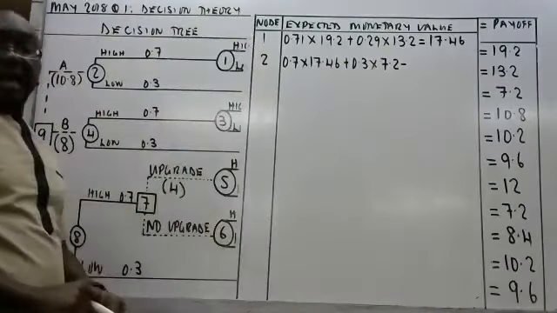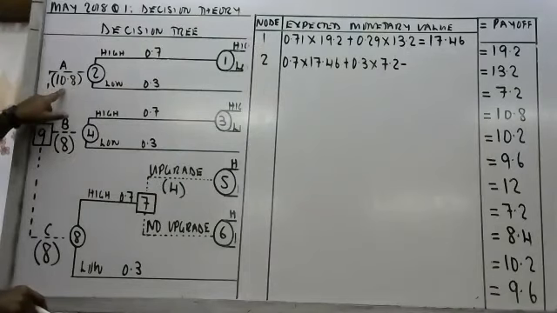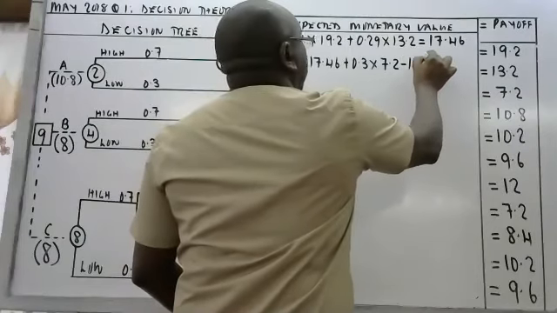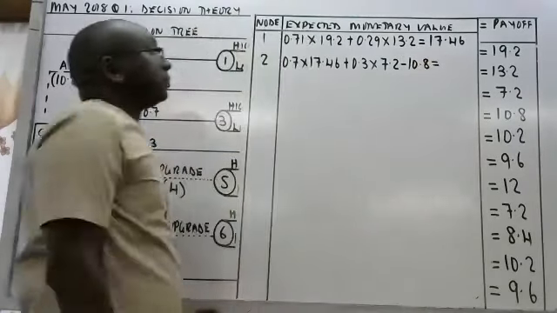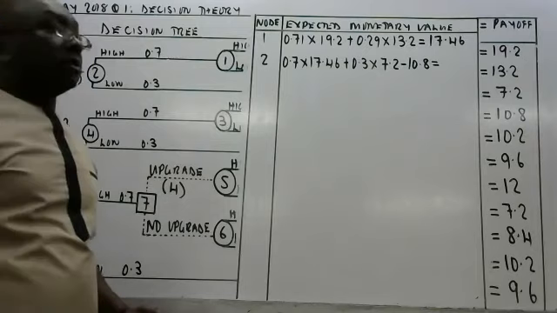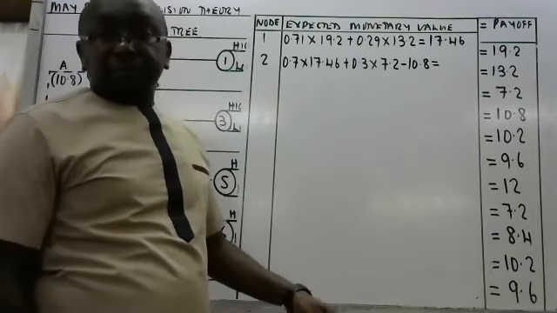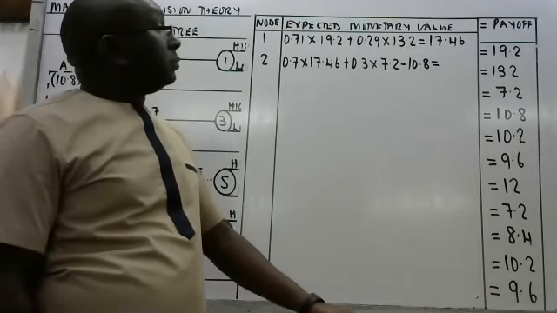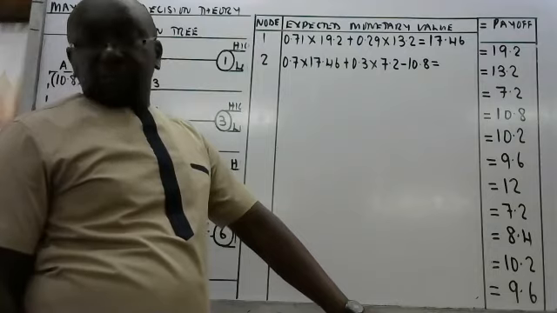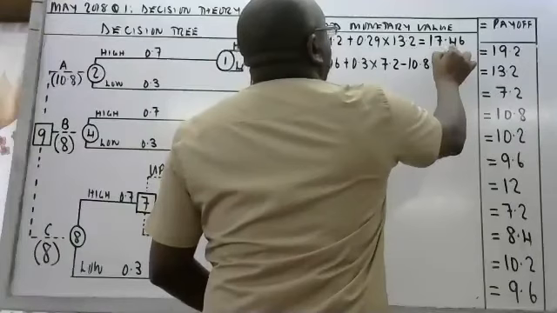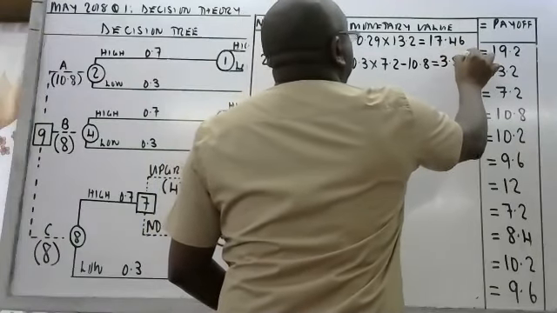And because you can see there is a cost that is coming in here, 10.8, you subtract it. You subtract 10.8. That gives $3.582.